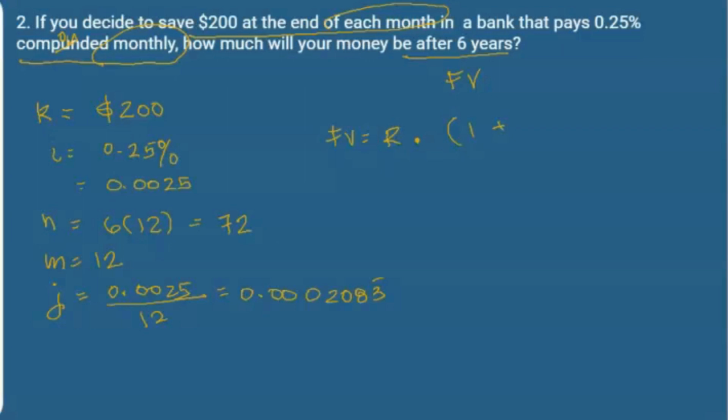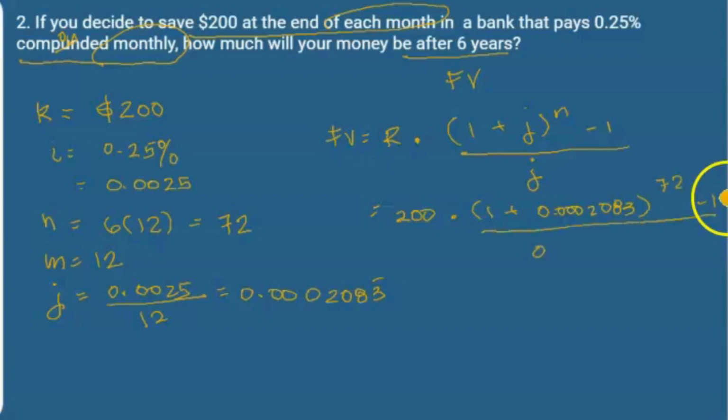(1 plus j) raised to n minus 1 over j, and substitute the values that we have. That's 200 times (1 plus 0.0002083) raised to 72 minus 1, over j.